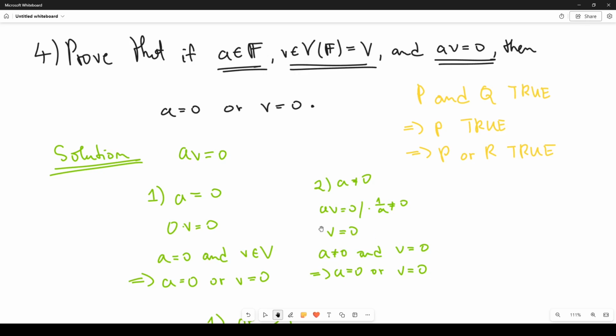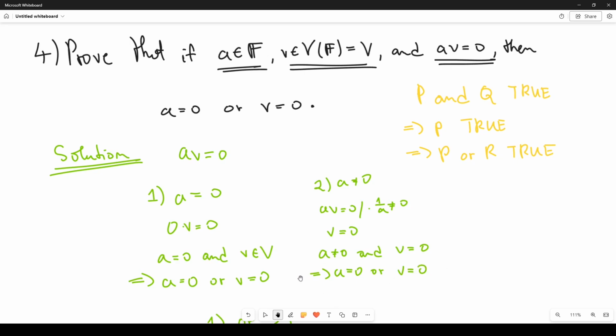So in this case, this conjunction holds: a is different from 0 and v is equal to 0. Again, I relax this to get the statement I'm after. Since I know that v is equal to 0 is true, I can write the following disjunction: a is equal to 0 or v is equal to 0.